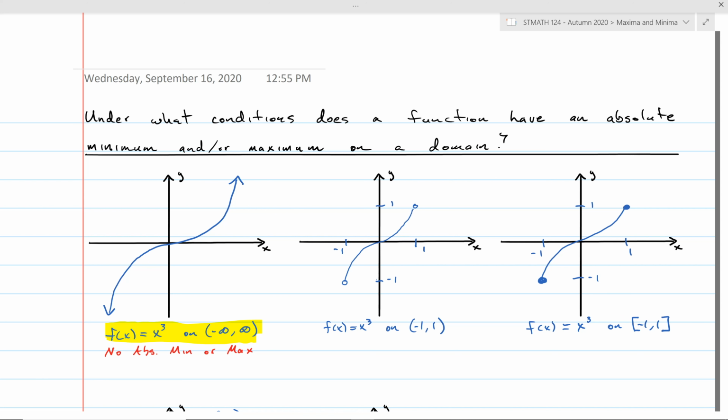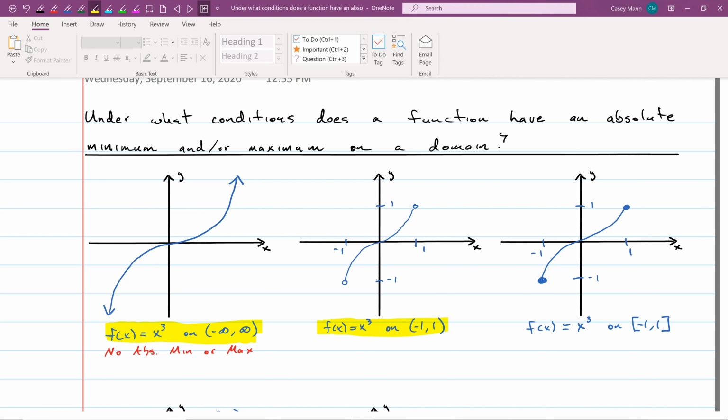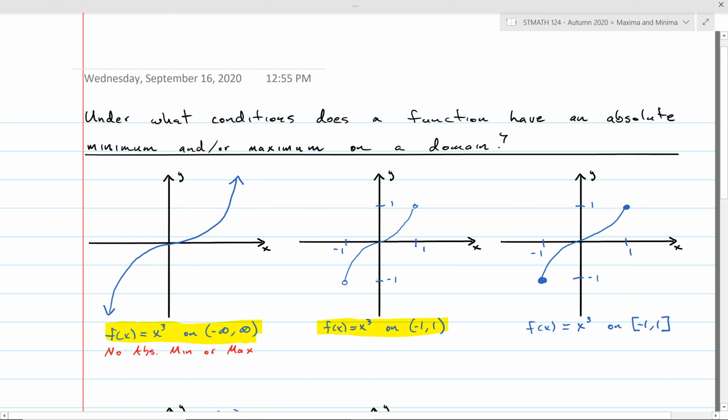So you might say to yourself, well, what if it was a smaller domain? Like, for example, what if I restricted it to the same function, but just on the open interval from -1 to +1. It looks like maybe you could say you've got a maximum, say at this point, but actually, no. That point, since there's a little circle there, is not part of the graph of the function.